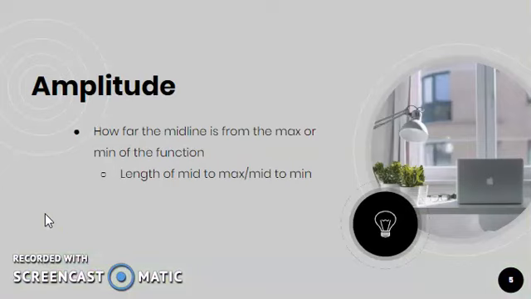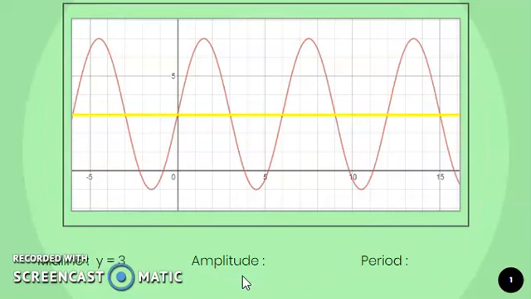Now we're going to find the amplitude. The amplitude is how far the midline is from the maximum or the minimum of the function. More simply, it's how far the midline is to the top and the bottom of the function. So we can find the distance from either of those two and get the same number because the midline is the middle.